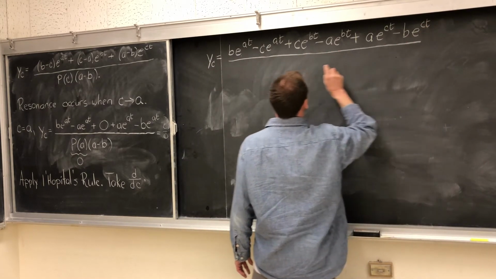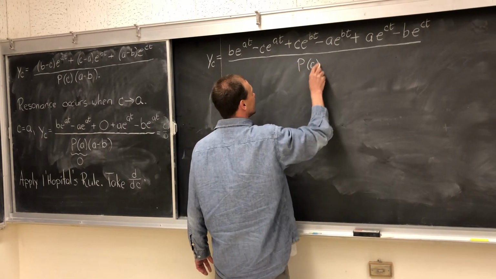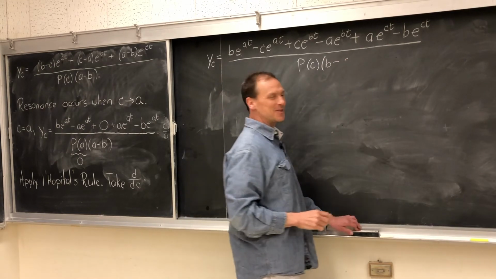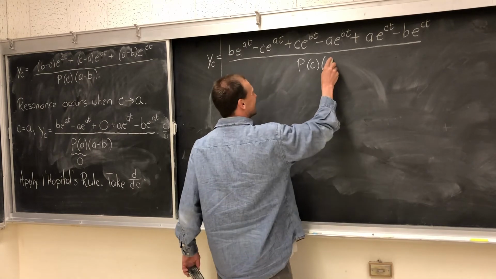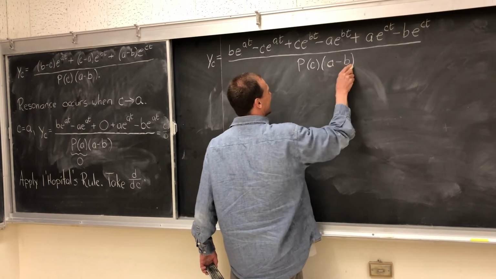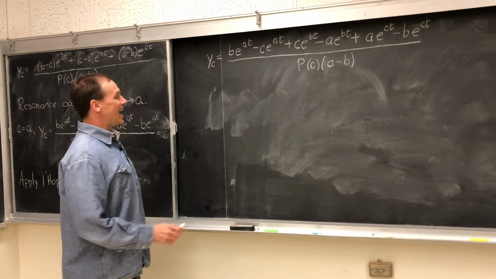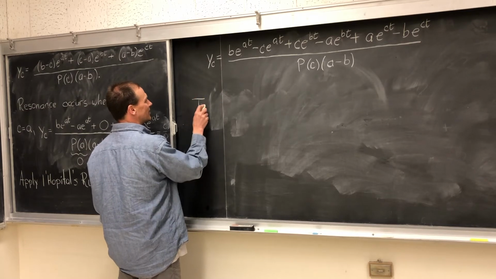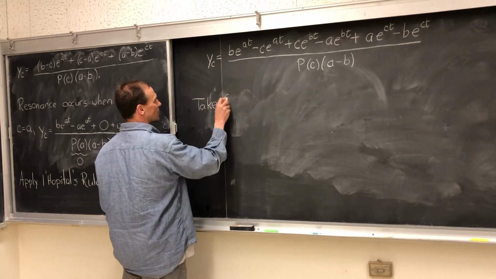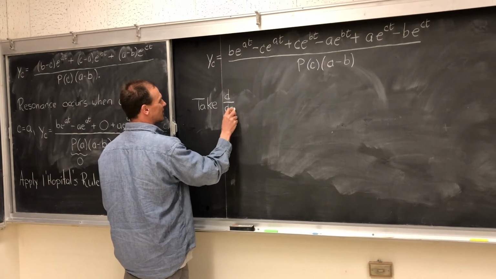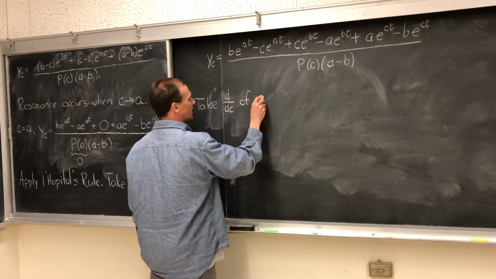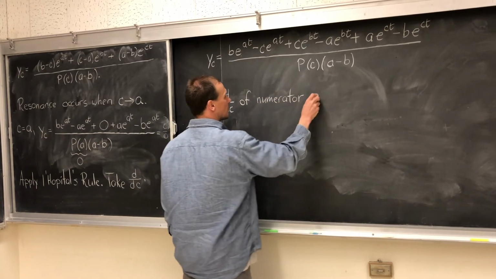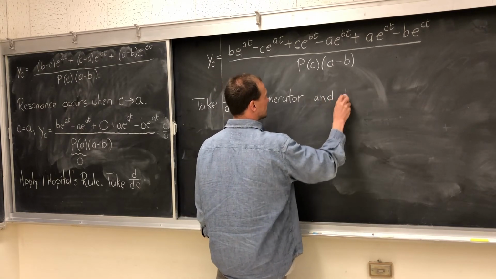All of that is over P of C, times B minus A, A minus B. All right, let's take a look. Now, we're going to take the derivatives with respect to C of numerator and denominator.